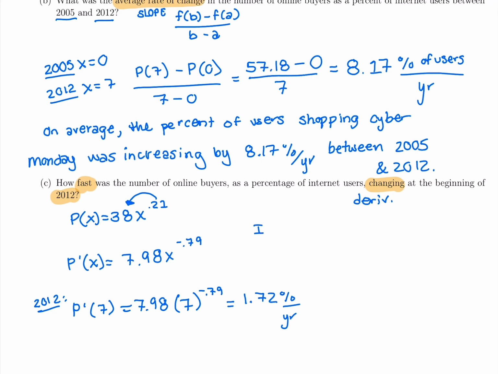So in 2012, the percent of people, or percent of internet users really, so percent of users shopping Cyber Monday was doing what?